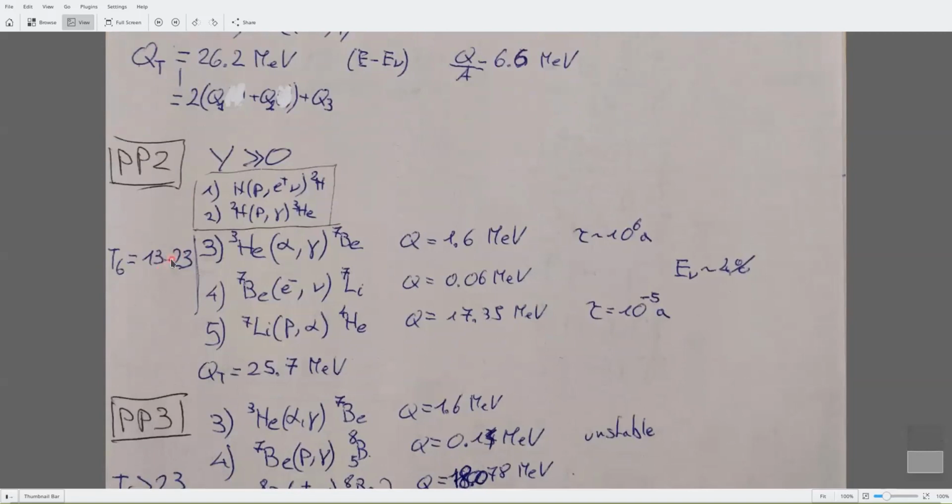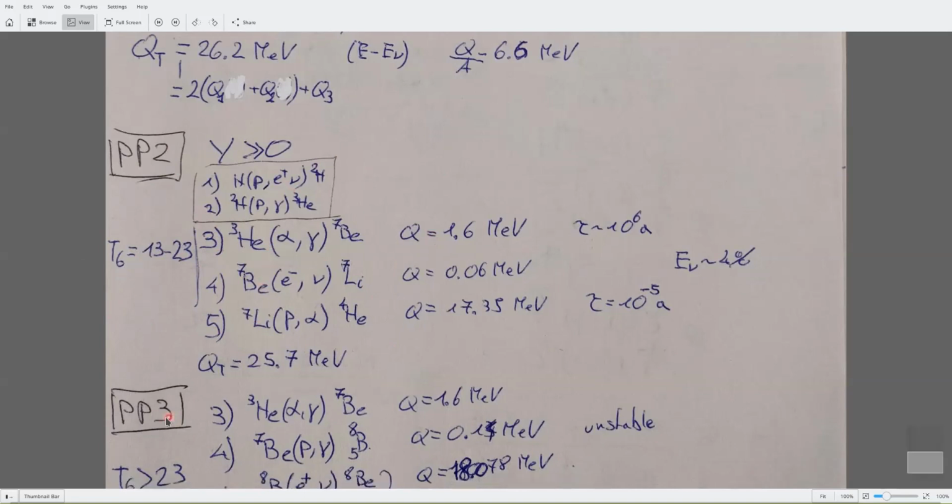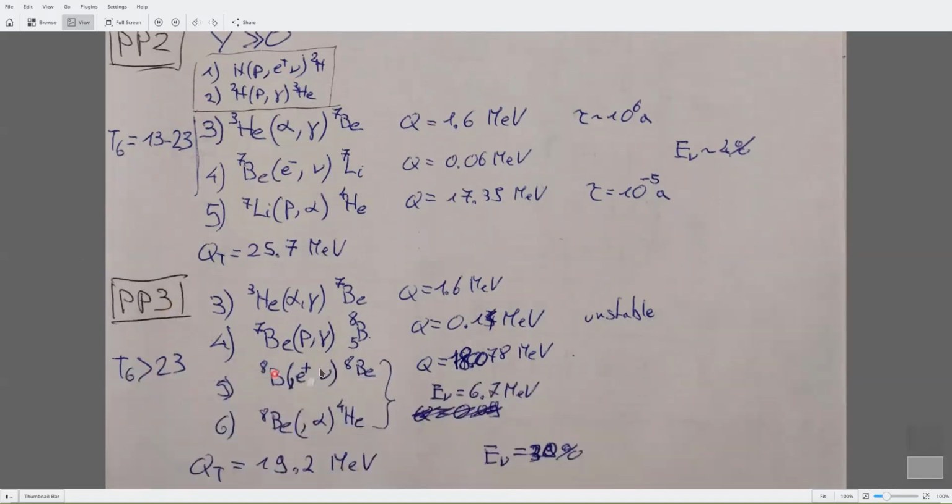Among 13 and 23 is PP2, that is the principal reaction produced in the PP chain. When you consider the PP chain, the PP2 is more probable, and you have this reaction for above 23 million Kelvin.